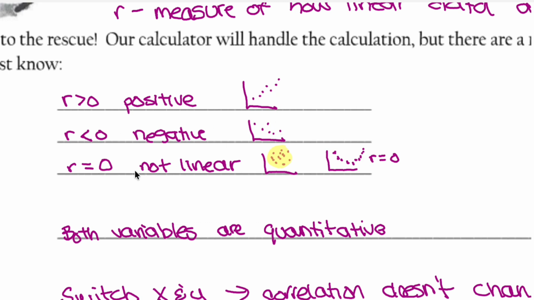If R is equal to 0, then there's no linear relationship. And an important note is R equal to 0 does not mean no relationship at all. It means no linear relationship. This is pretty easy to get confused, so be sure you do not fall in that trap.